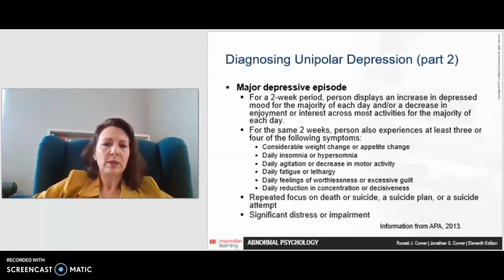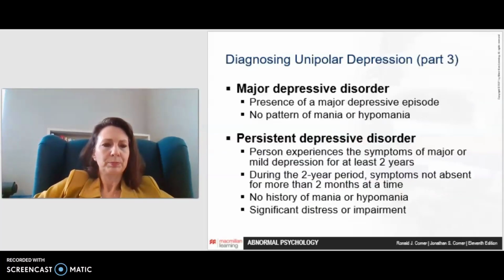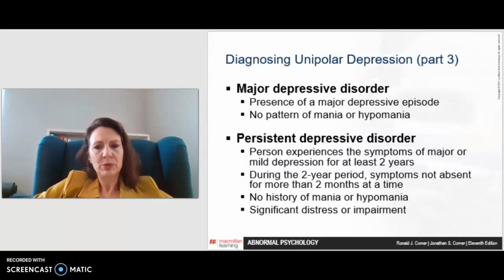For the same 2 weeks, a person also experiences at least 3 or 4 of the following symptoms that you see in the middle of the slide. There's a repeated focus on death or suicide, a suicide plan, or a suicide attempt at times, and there is clinically significant distress or impairment. In terms of major depressive disorder, again, there is no pattern of mania or hypomania, which we'll talk about.